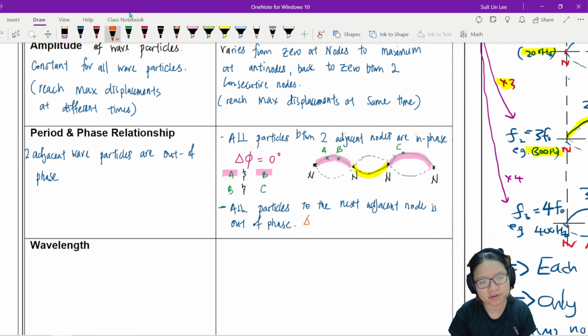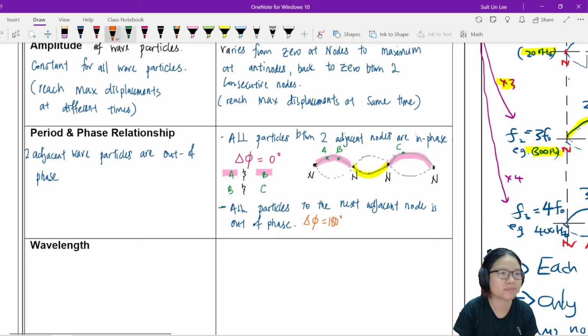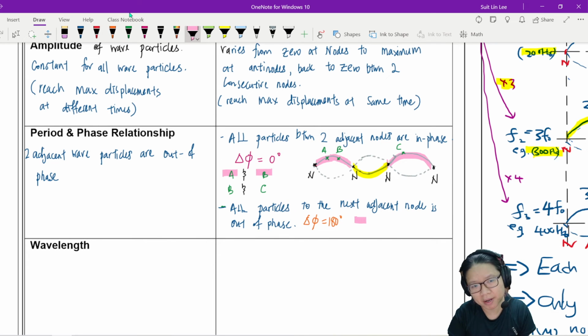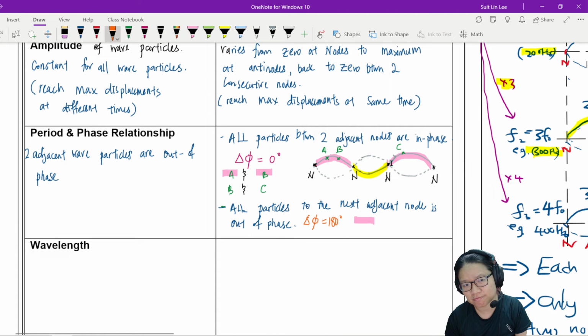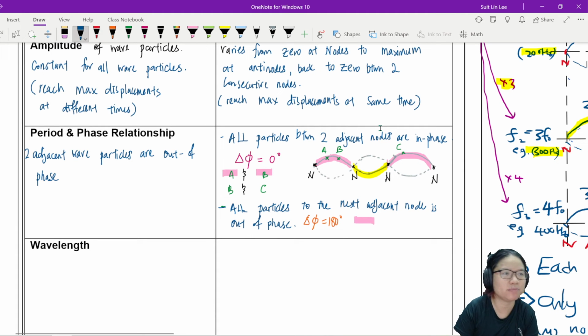We're talking about phase angle of 180. So that would be any particle on the pink loop to the next adjacent node. So where is the next adjacent node? This one, no? Okay, that's why in between them there is one node.